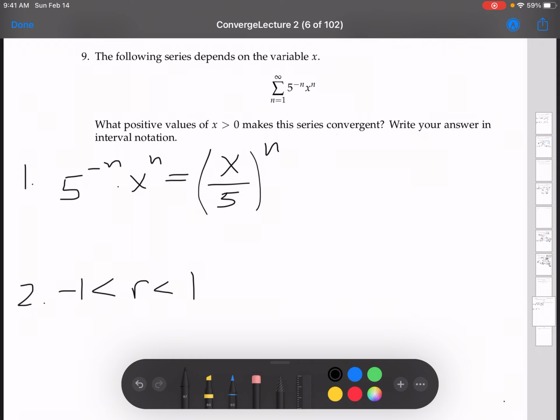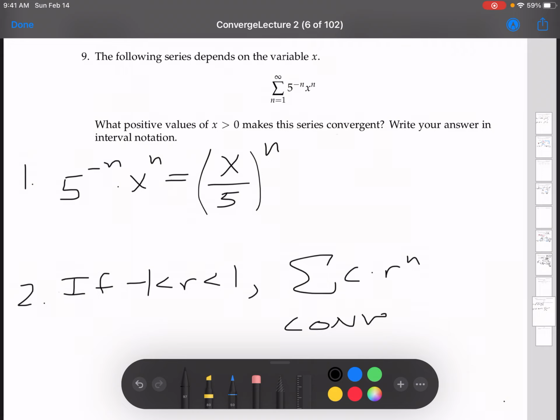Let me write it like this. If r is between -1 and 1, it converges. If we don't have this relationship for r right here, then it diverges.